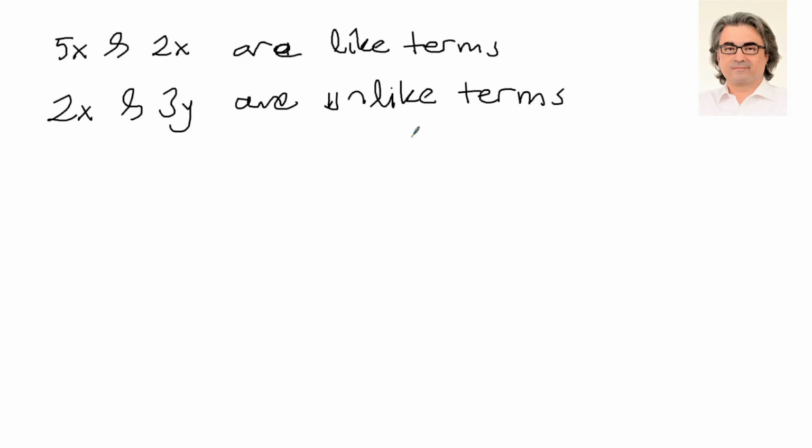In an algebraic expression, we may have like and unlike terms together. For example, 2x, sorry, plus 3y. This is an algebraic expression having two unlike terms, 2x and 3y.